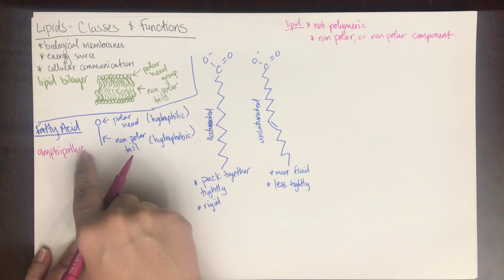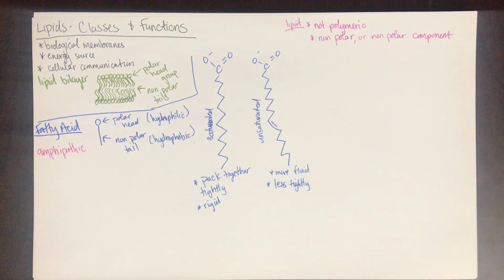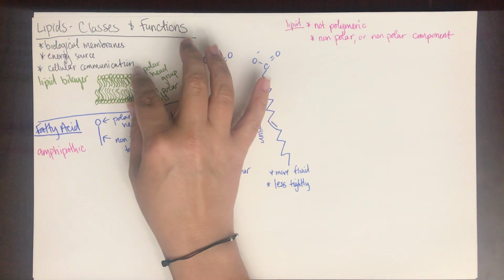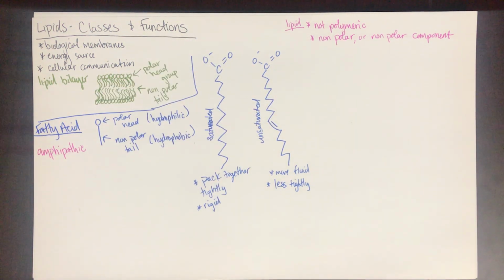Amphi means both, and it can exist in both environments, polar and non-polar. And you see in a membrane situation, the polar head groups will orient themselves towards the aqueous environment. The non-polar tail groups will kind of hide from the water and face each other.